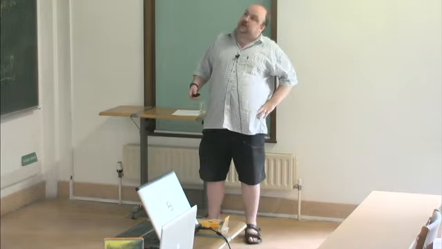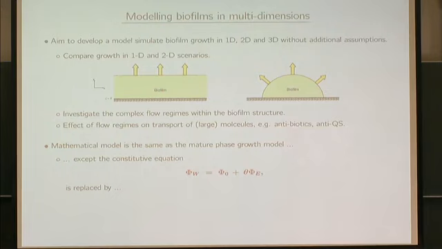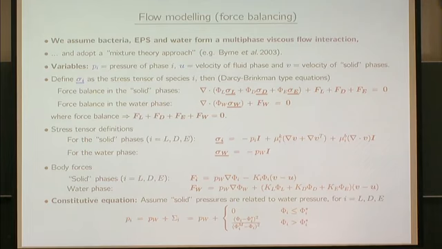So the modeling, we took the same sort of approach. We assumed that now we've got a 2D structure, so growth could be anything like that. In the 1D model, we had this constitutive equation, which is absolutely fine in terms of model closure in 1D. Unfortunately, it doesn't cut it for 2D. So we had to go back to the drawing board and took inspiration from mixture theory.